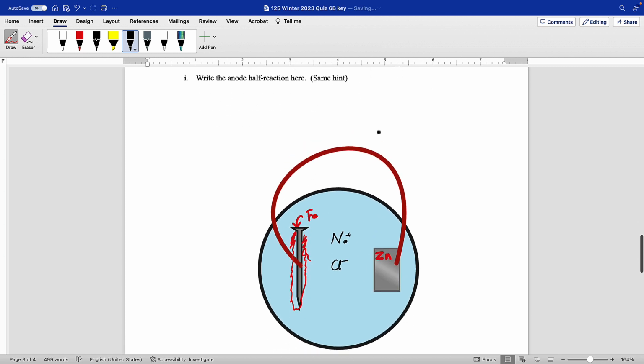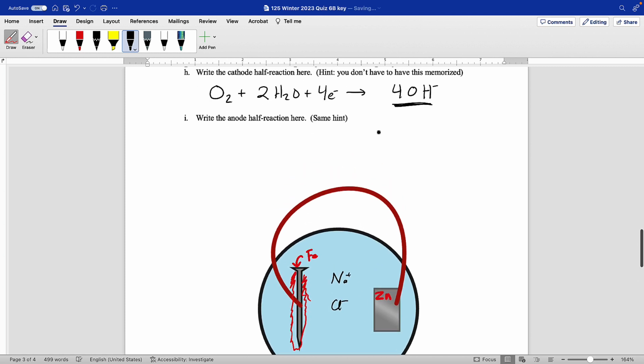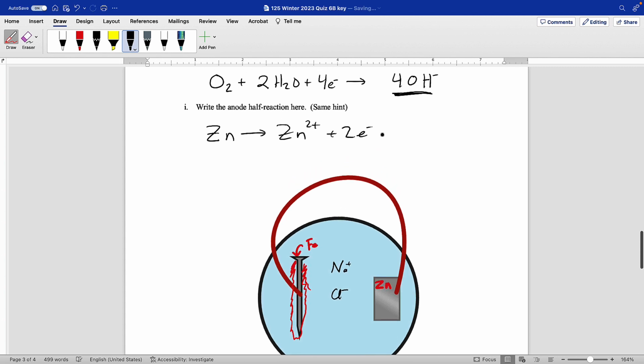So we know something else is being oxidized. We know zinc is easily oxidized. So we're going to write the zinc reaction. And we could also look on the equation sheet, but we see zinc can lose 2 electrons to form zinc 2+. Okay, so we look at that, we say, okay, we're gonna posit that reaction.